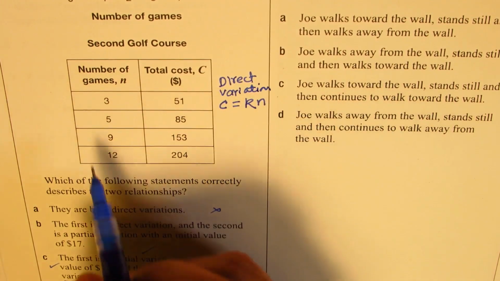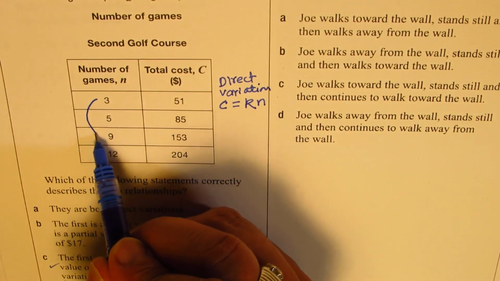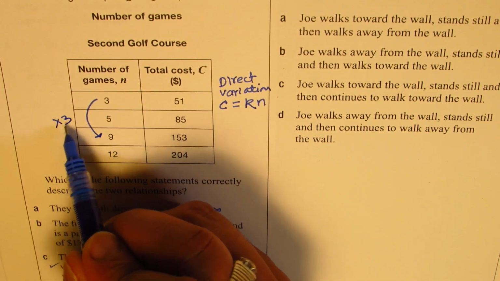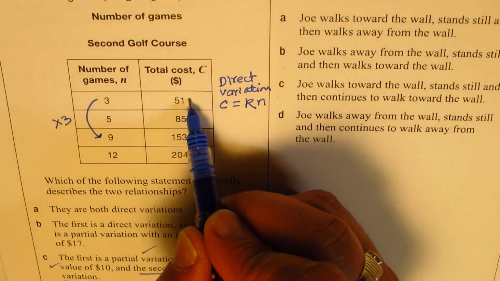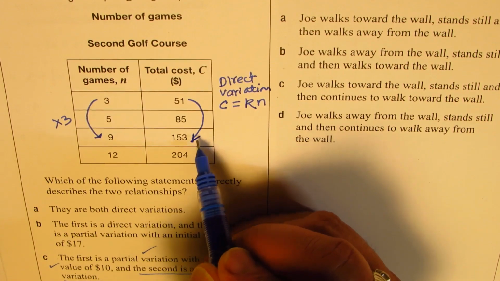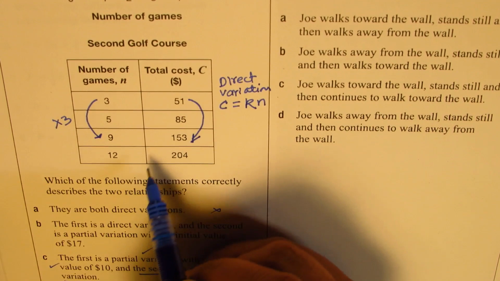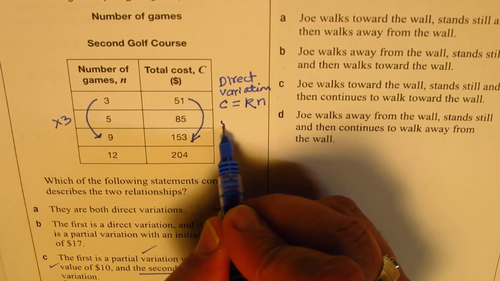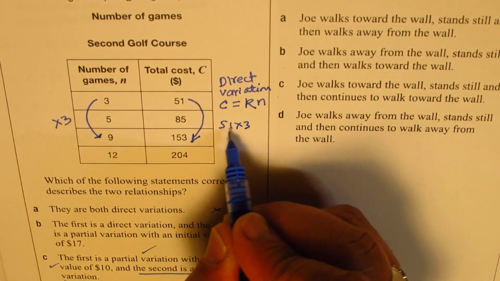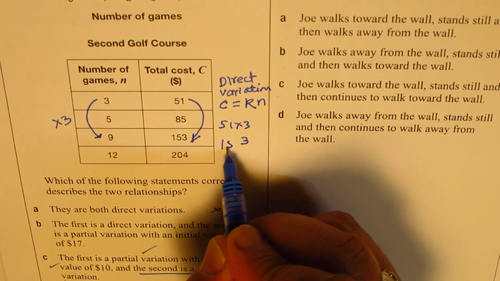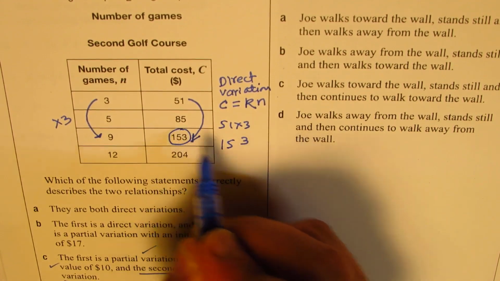It also means, for example, here, we are multiplying by 3, right? 3 times 3 is 9. We have to see if the cost also gets multiplied by 3. If it does, it is a direct variation. So 51 times 3 is what? 3 times 1 is 3, 3 times 5 is 15. Well, that matches. Do you see that?